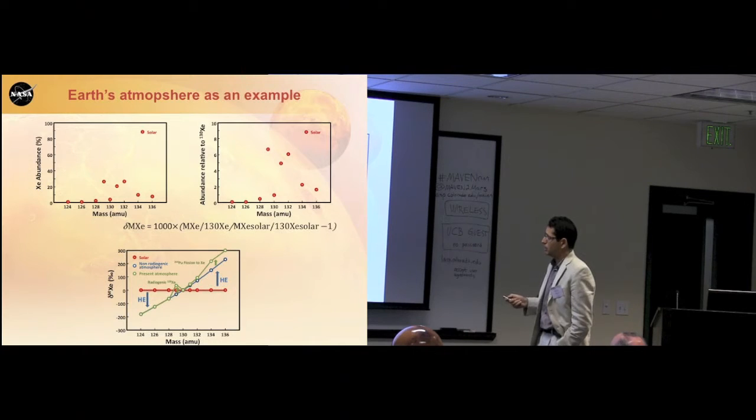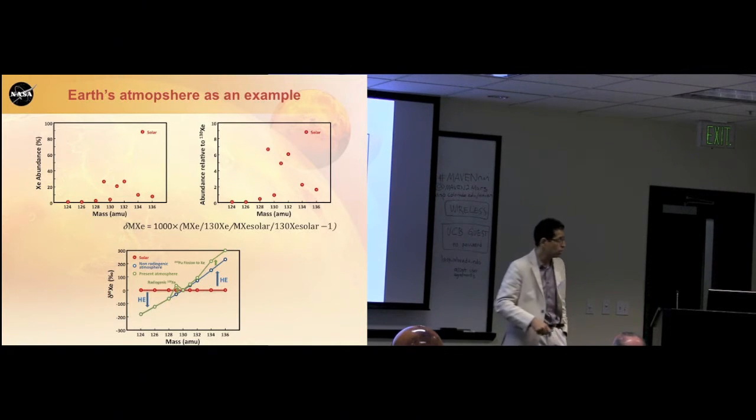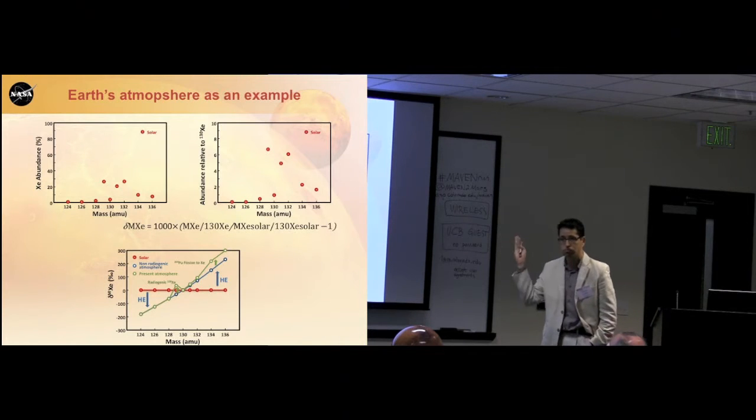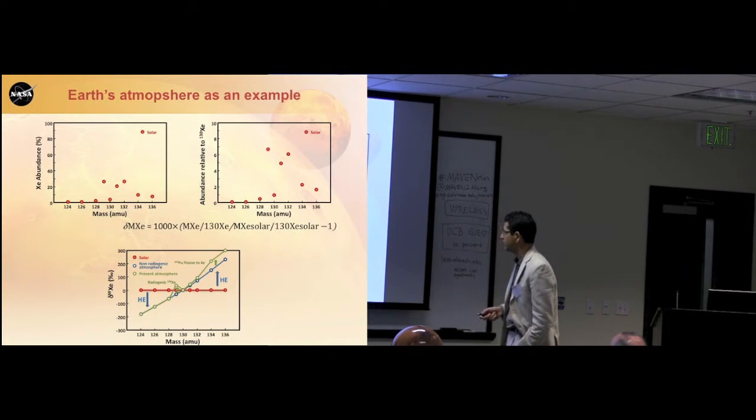And it's easily computed through this formula. You take your actual relative abundance, you divide it by the relative abundance of the solar values, and you get the deviation. So if you plot that for the sun, obviously everything will be 0. You're equal to the solar abundance.